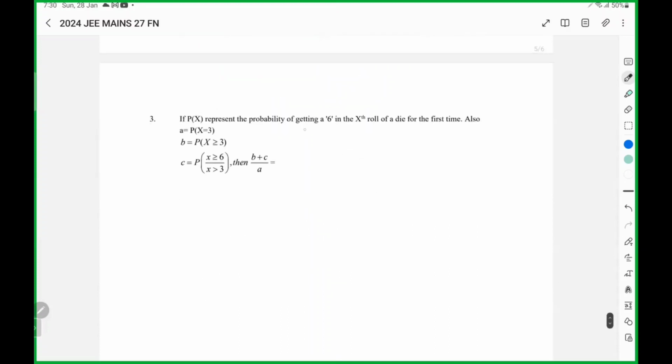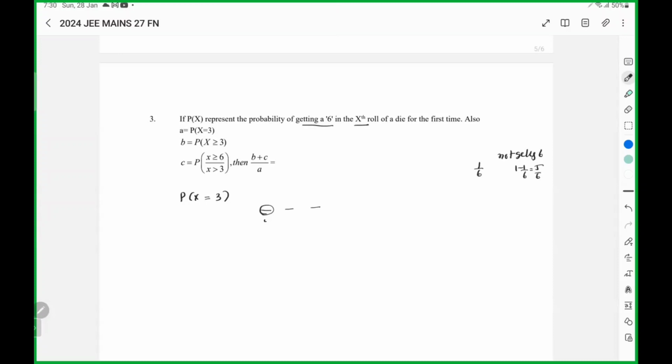Here, probability of getting 6 in the xth trial. What does it mean? X equal to 3 means he made already 2 attempts. In first 2 attempts, he will not get a 6. Once you throw a die, getting a 6 is 1 by 6. Not getting 6 will be 5 by 6.